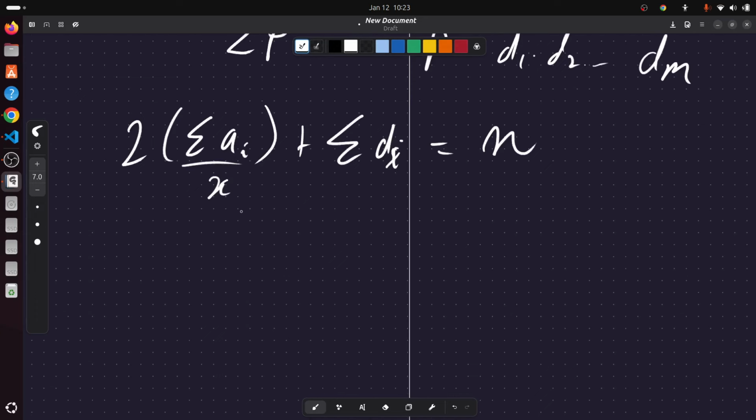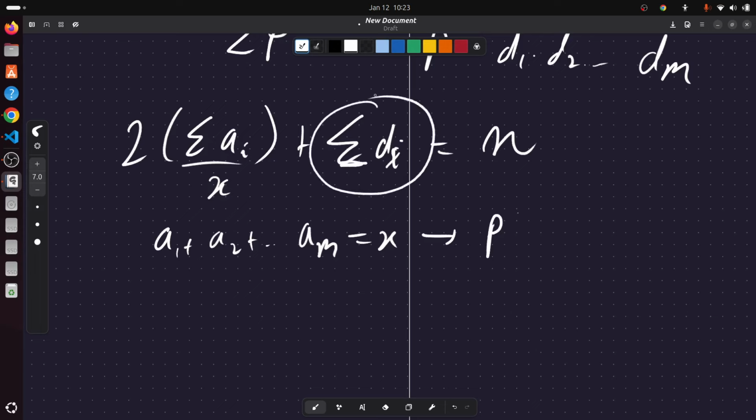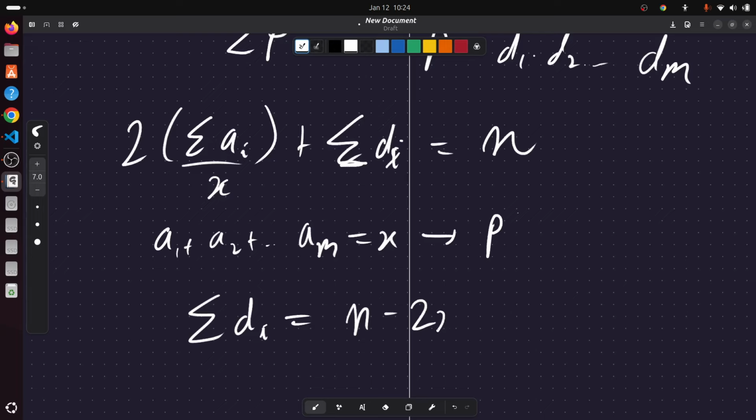And so let's say the number of ways to distribute Ai such that A1 plus A2 plus up till Am is equal to x, the number of ways to do this, let's say it is equal to some capital P, okay? And basically if I have this as x, then summation of Di is equal to n minus 2x, right?